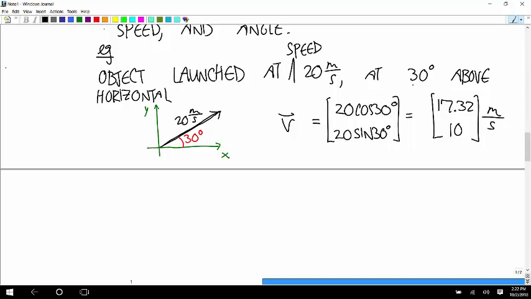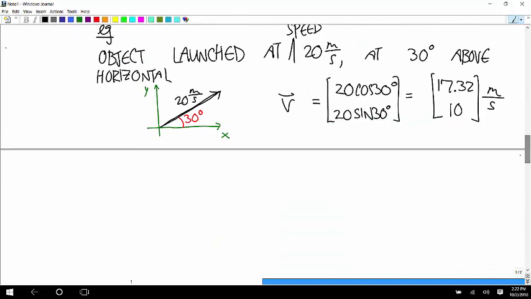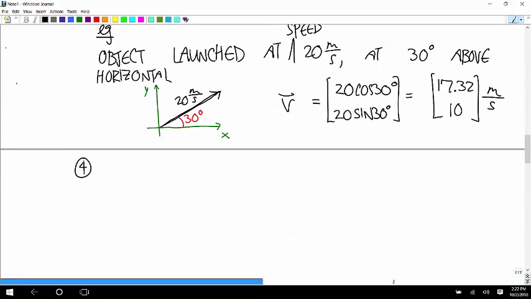Okay, one last thing that's going to be important here is in 1D, how did we specify when something was launched up into the air? How did we specify when it reached its highest point? The velocity was equal to 0.